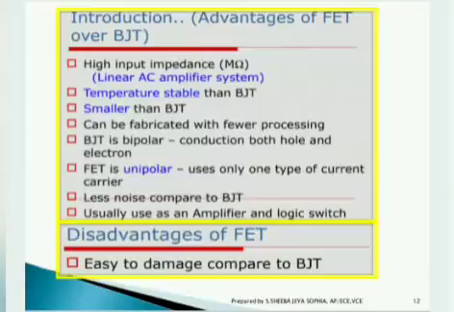It is smaller in size compared to BJT and can be fabricated with fewer processing steps. BJT is bipolar, with conduction by both holes and electrons, whereas FET is unipolar and so it uses only one type of current carrier. It has less noise compared to BJT and is usually used as an amplifier and logic switch in real-time applications. The major disadvantage of FET compared to BJT is that it is easy to damage.